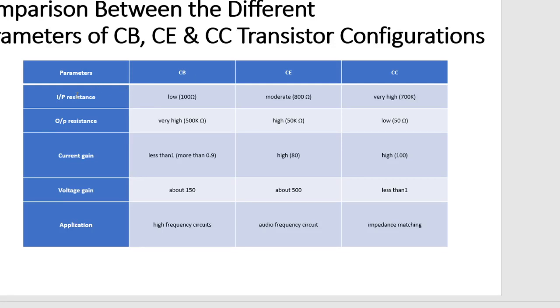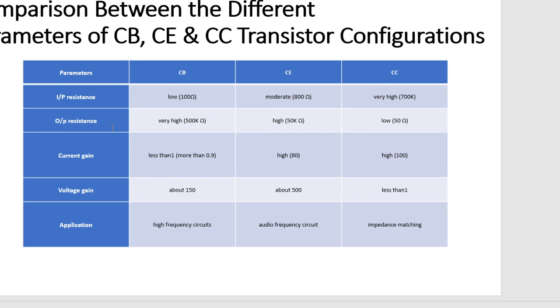We'll take the first point, the input resistance. A CB transistor configuration offers a very low input resistance. Compared to CE and CC, the input resistance is very small.